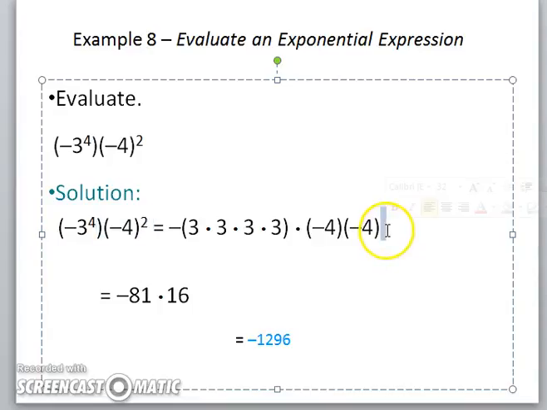So we have to multiply -4 together 2 times. When we do that, we get 16 because two negatives multiplied together gives us a positive. So we have 16. And then to get our final answer, we have to multiply -81 times 16. And we get our answer of -1296.